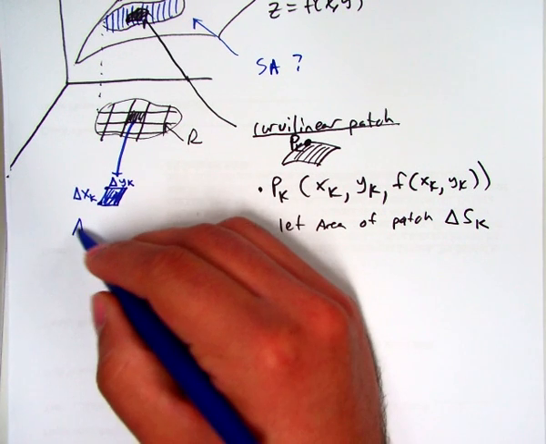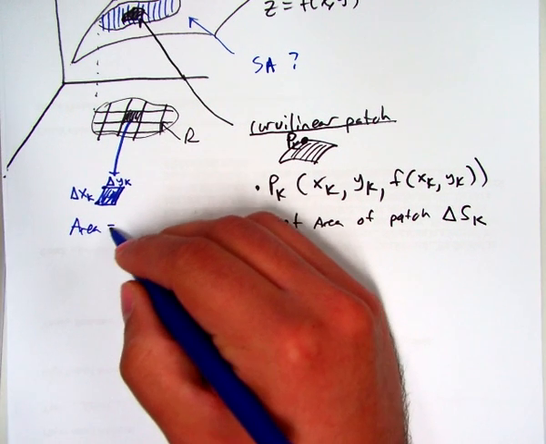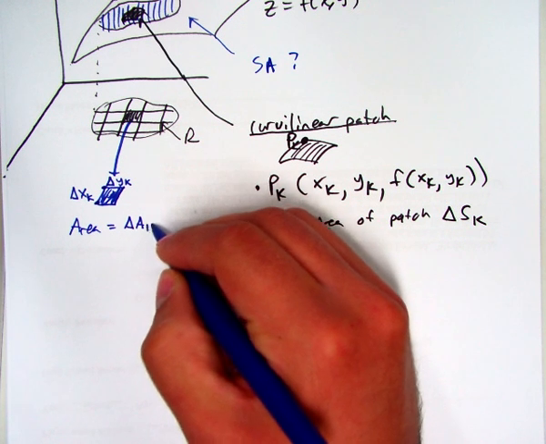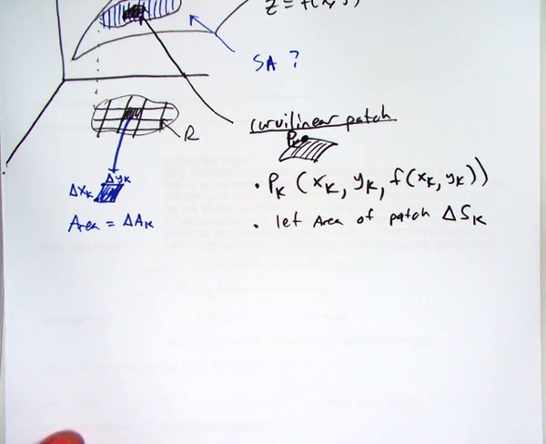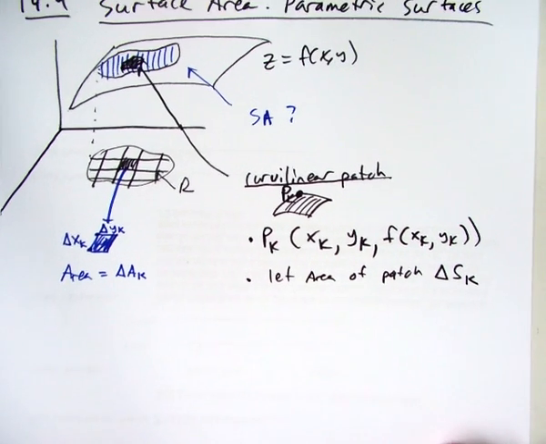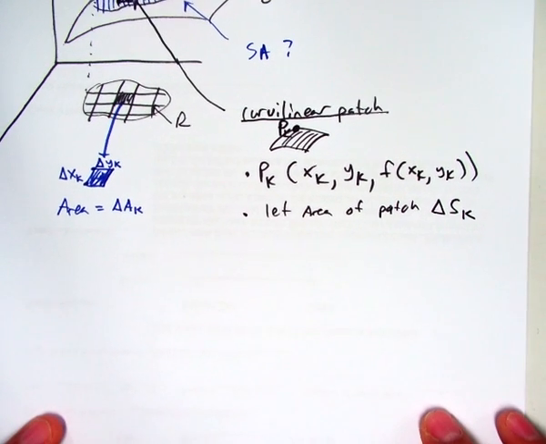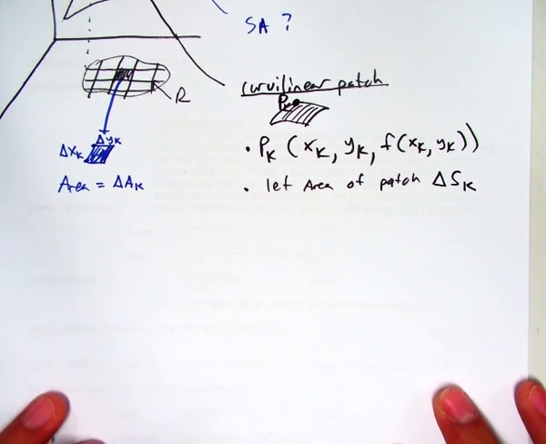So then the area for this little guy down here will be delta a sub k. Okay, so I think that's all we need as far as figuring out what formula we can use to find the surface area.